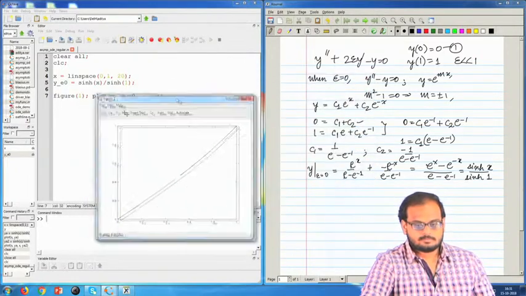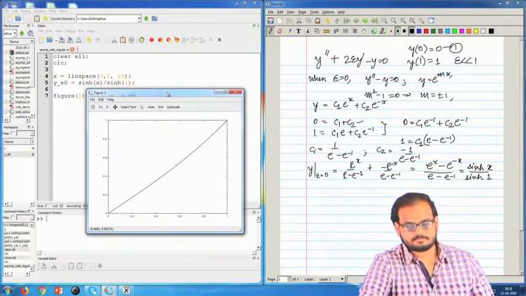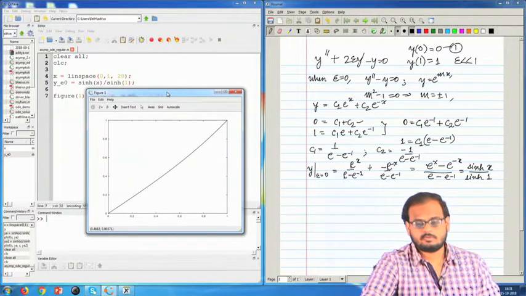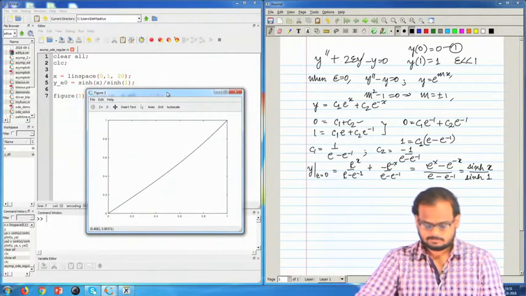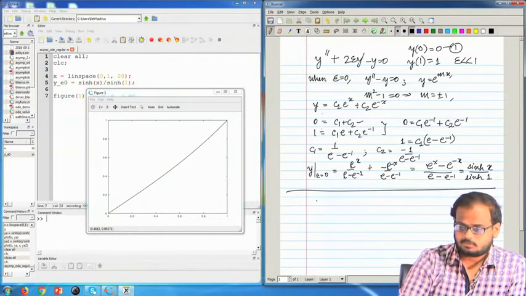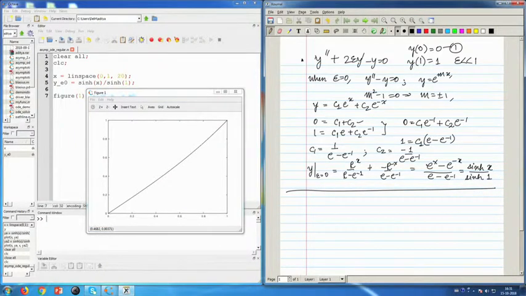So, now let us try to account for how the solution deviates because of a non-zero value of epsilon. Let us try to solve this particular equation without letting epsilon become 0.